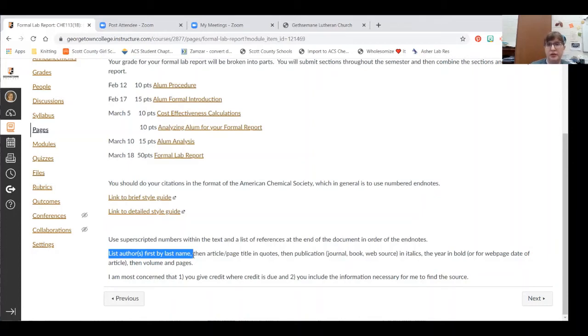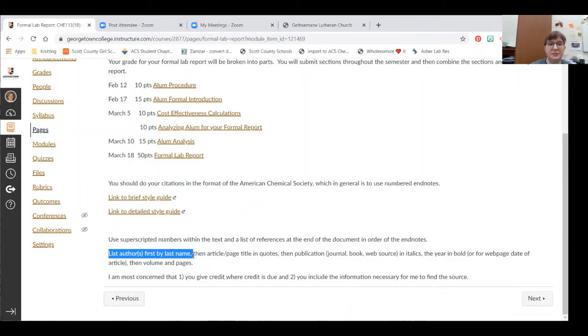So you could put last updated June 15th, 2019. That indicates when you saw it, so that if somebody goes back to that website later and sees, oh, this is a little bit different, but it's been updated since then, they have an idea of when you looked at it.